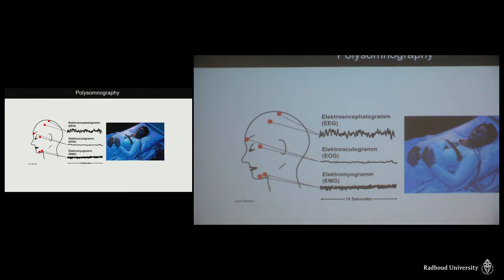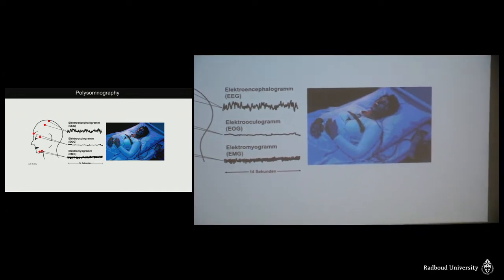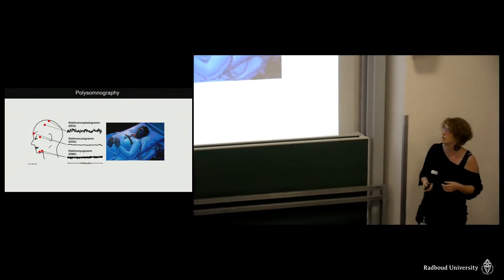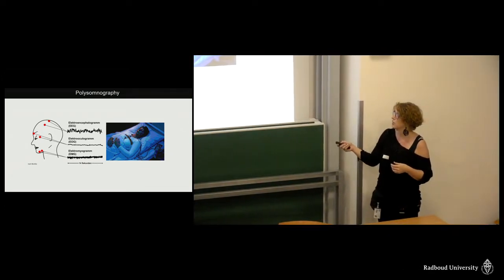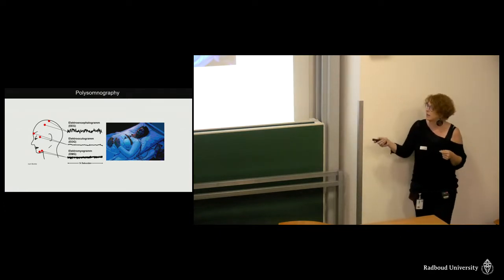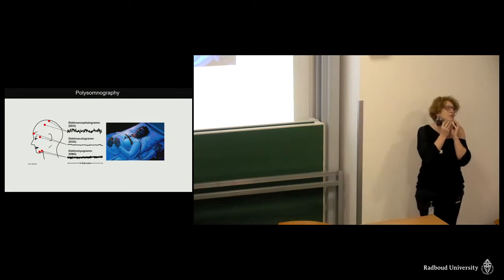But one thing that's different, and why we call sleep recordings polysomnography instead of EEG as you would know it from wake research, is because we also add the electrooculogram, so EOG, to measure the eye movements, and we measure the EMG, the electromyogram, to have muscle tone.